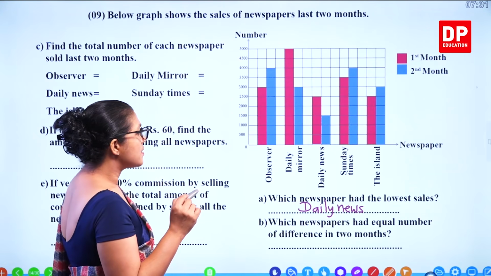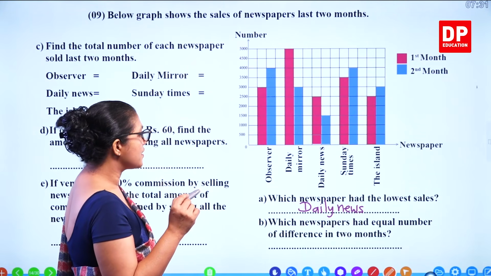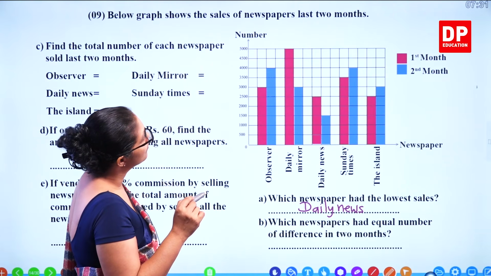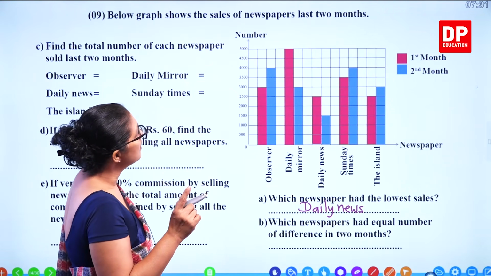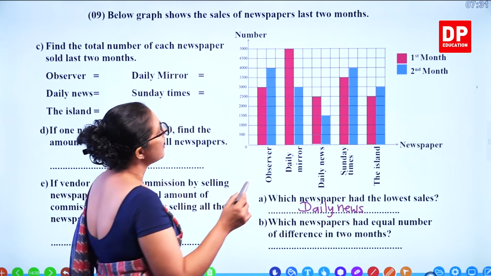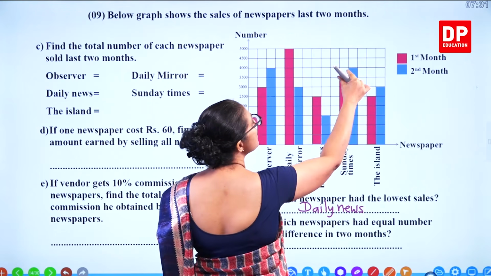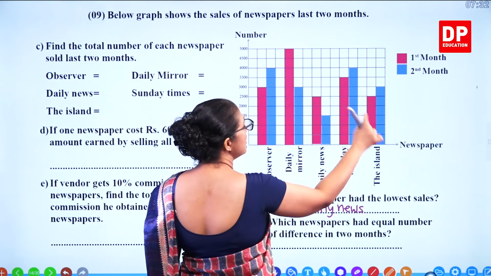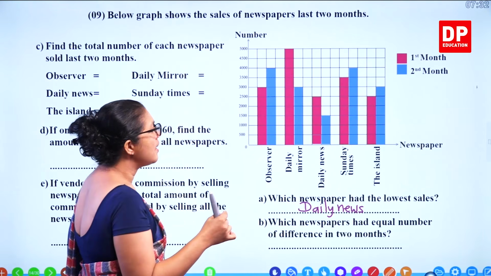Which newspapers had an equal difference in the 2 months? Equal. The difference is equal. Here you can see the difference is 1 square. Here also the difference is 1 square. So Sunday Times and the Island.